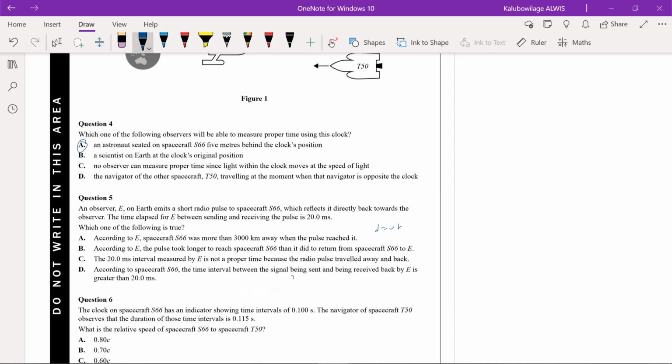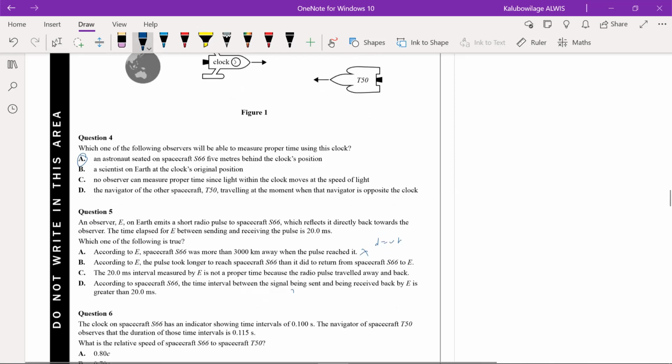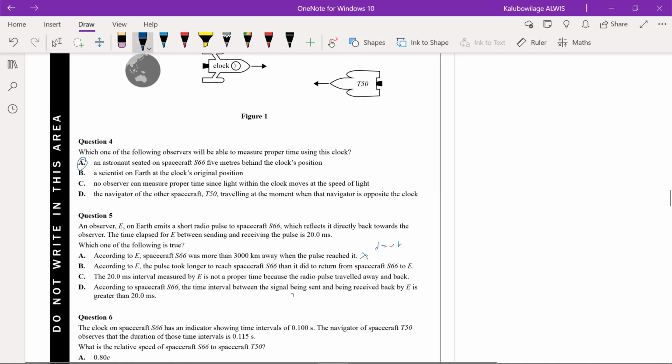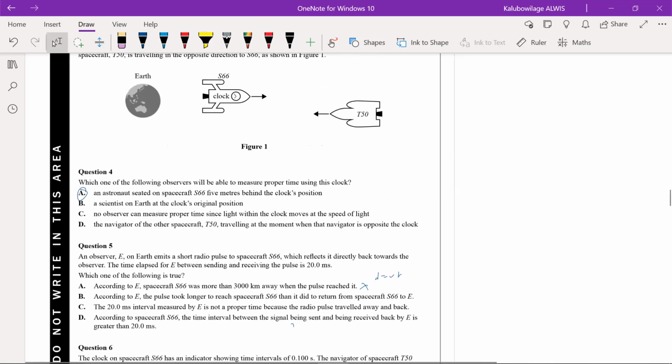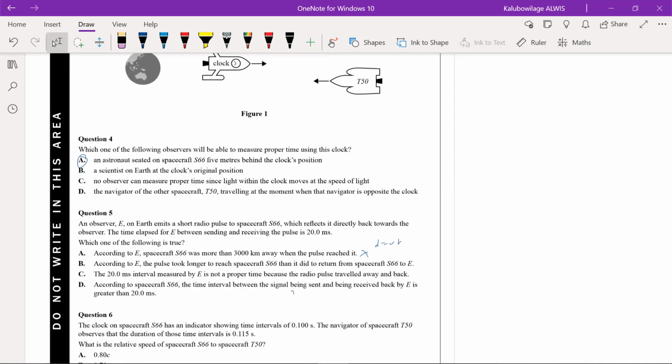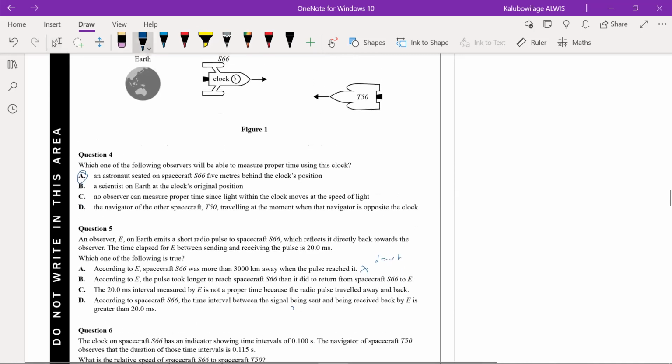According to E, the pulse took longer to reach the spacecraft than it did to return from it. No, the pulse took longer to reach than it did to return from it. Success.